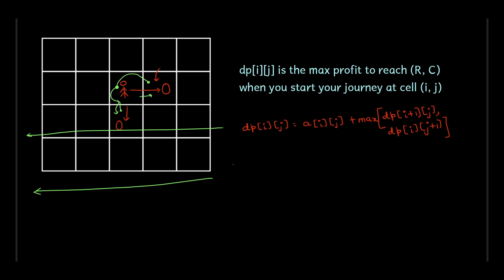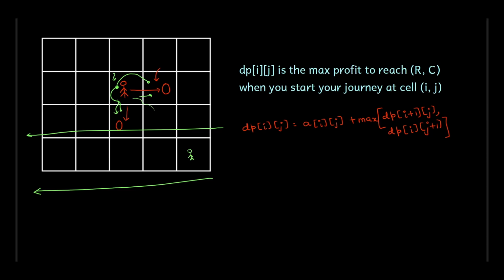Now we will make some DP definition changes, but the idea will be exactly the same as this problem. So this time, let's define two different kinds of DP. So this time you have only defined that from this cell, what is the profit that you can get when you finally reach the last cell.